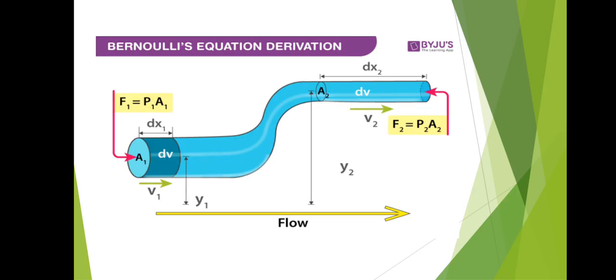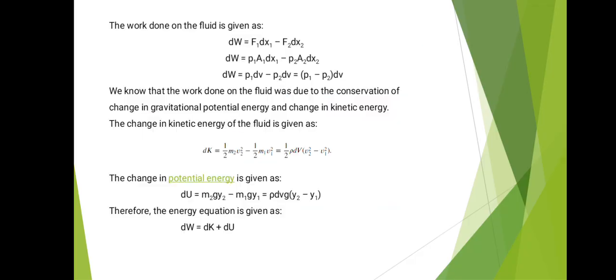We can diagram Bernoulli's equation. For the two cross sections, force F1 equals P A, where P is pressure and A is cross section. Therefore, force equals pressure into area.